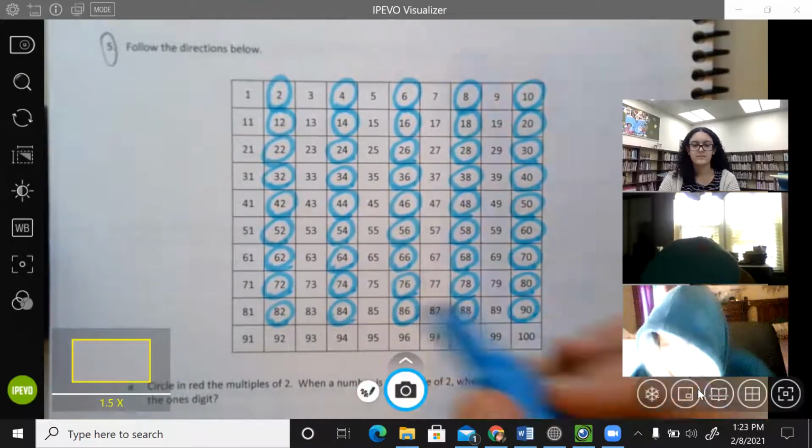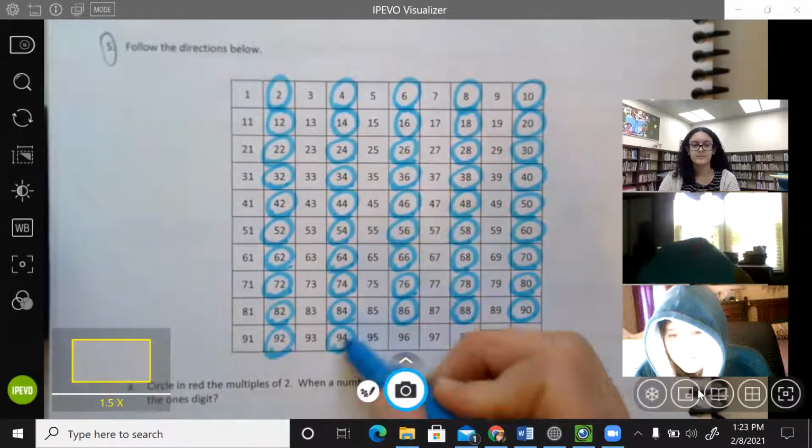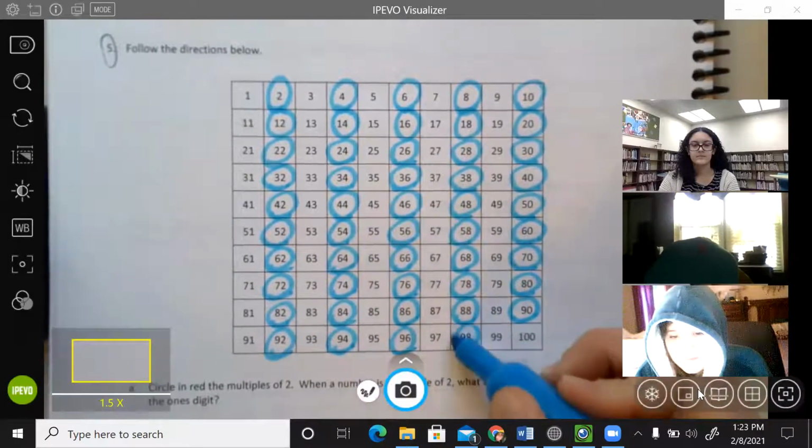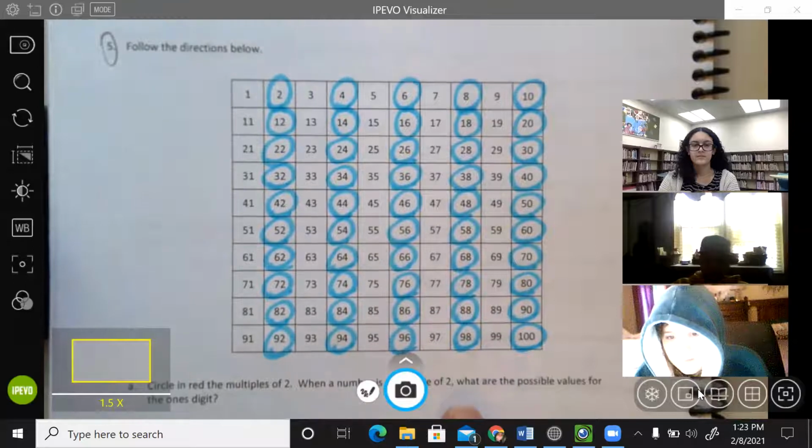Good job. You're getting close. Keep going. 92, 94, 96, 98, 100. Great job. So now it asks us, what are the possible values for the ones digit?